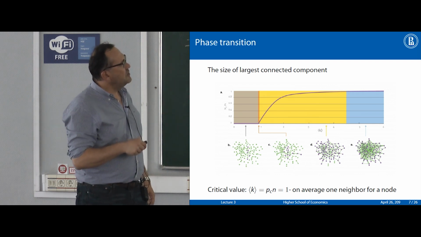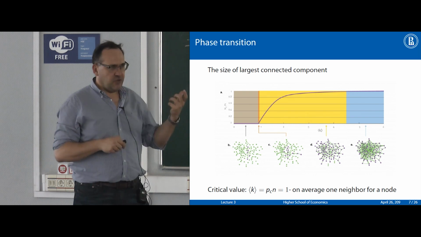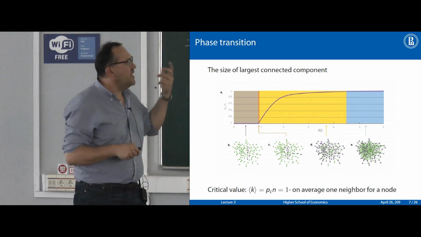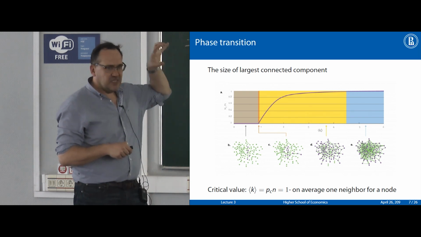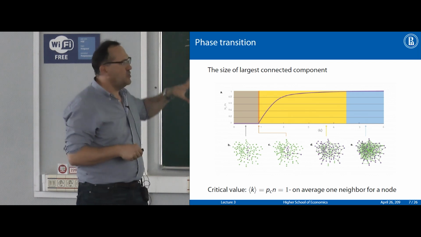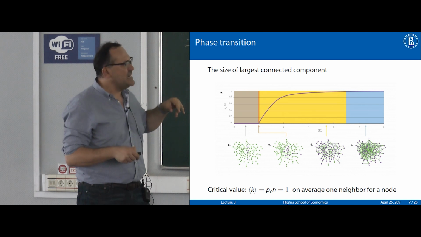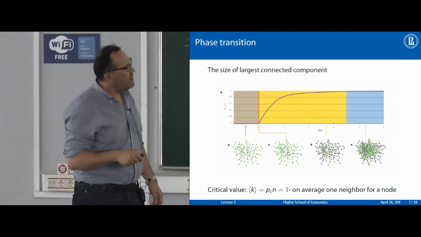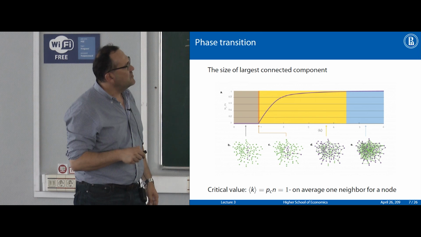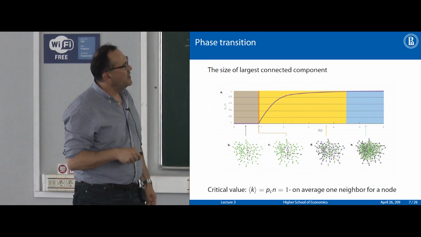What I show here on the vertical axis is the ratio of the number of nodes that belong to the largest component divided by the total number of nodes. So it's the fraction of the total number of nodes that are connected. When we're here, this fraction is equal to 1. Everything is connected. When we're here, they're mostly disconnected and this fraction is very close to 0.